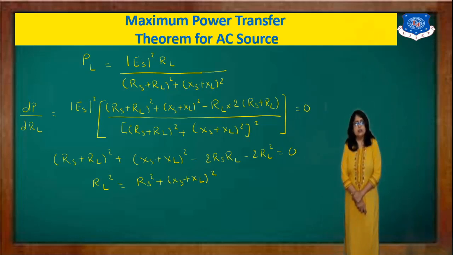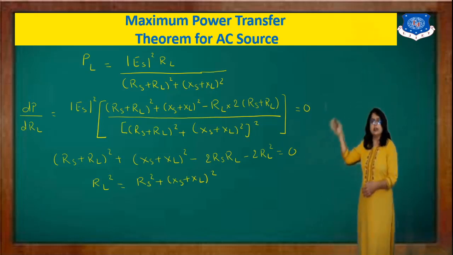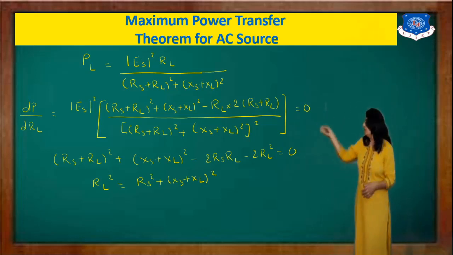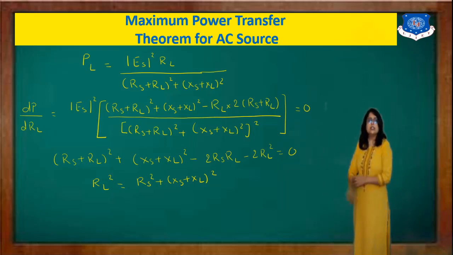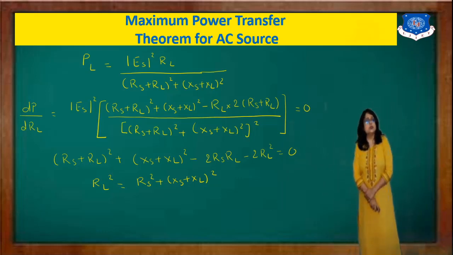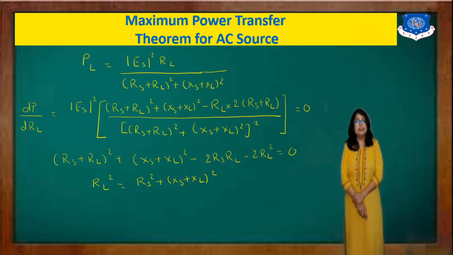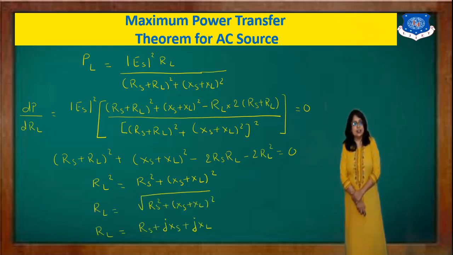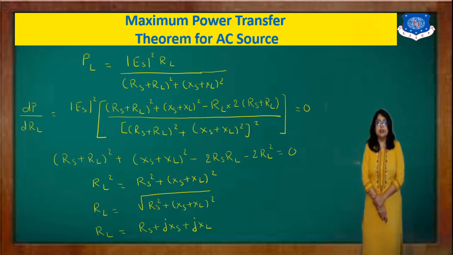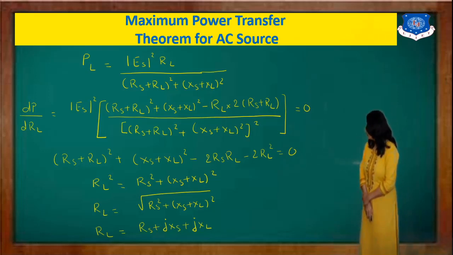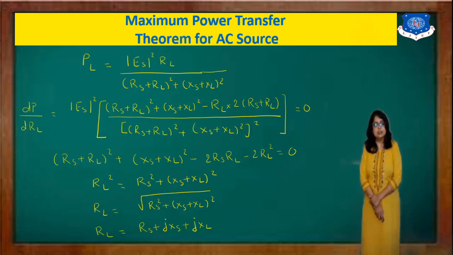So what we get? You just open the bracket and cancel the terms. Then we will get RL square equal to RS square plus XS plus XL whole square. So RL equal to under root of RS square plus XS plus XL whole square, and that is nothing but the magnitude of RS plus jXS plus jXL.